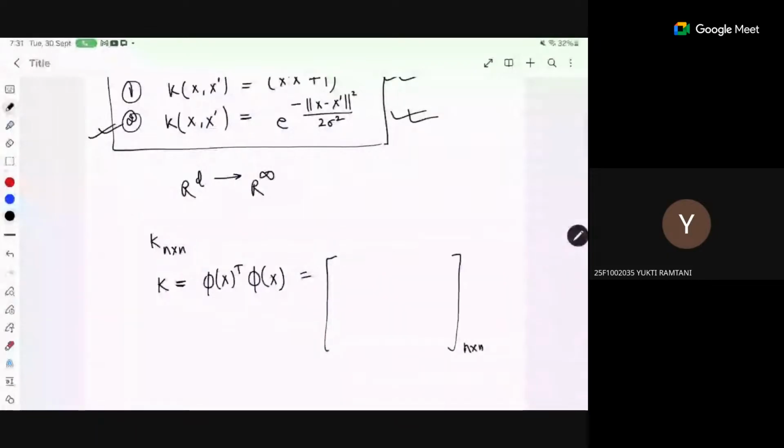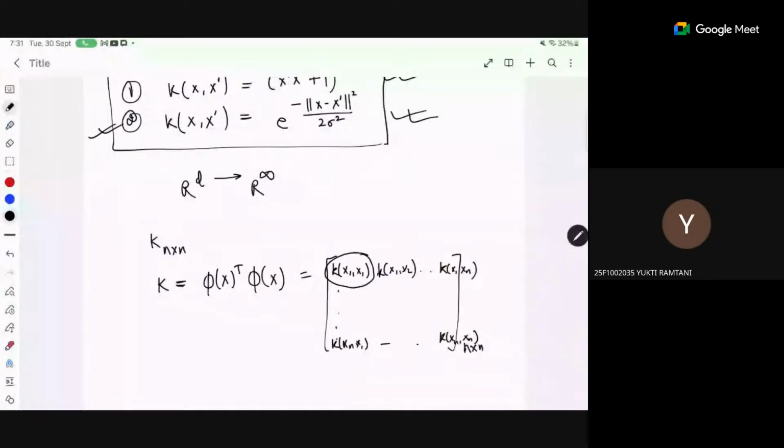So how do you write each component of this matrix? You can write it as K of x1 comma x1, K of x1 comma x2, and so on till K of x1 comma xn. And we go on till K of xn comma x1, and so on till K of xn comma xn.